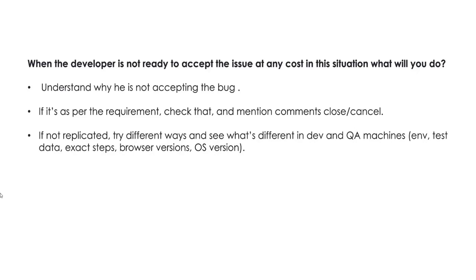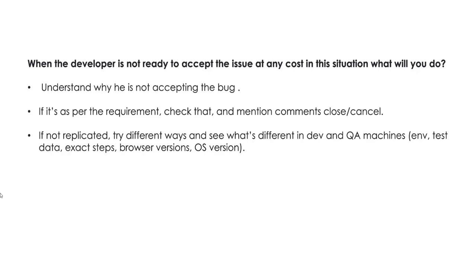If not replicated, try different ways and see what's different in dev and QA machines. Sometimes my machine behaves a different way and the developer's machine may behave in a different way. That's also possible. So recheck it.